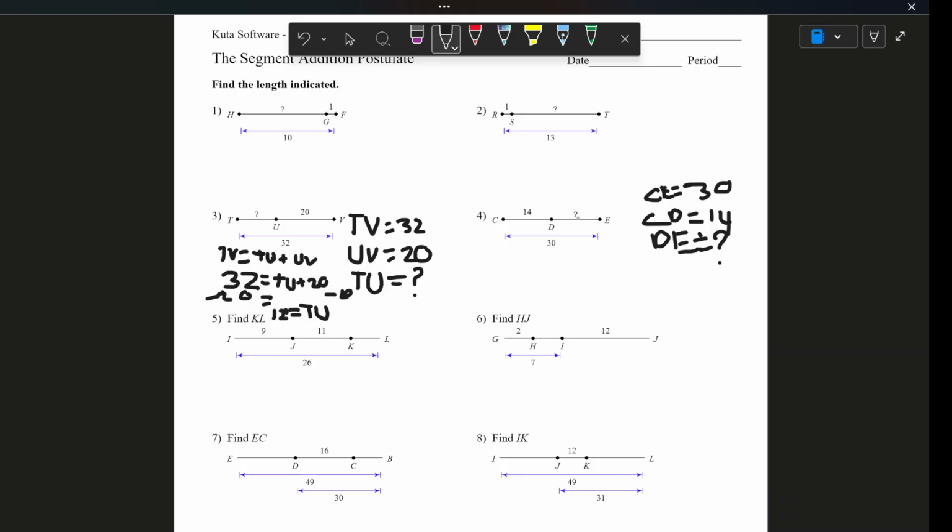Cool. So let's set it up again. We'll do CE equals CD plus DE.